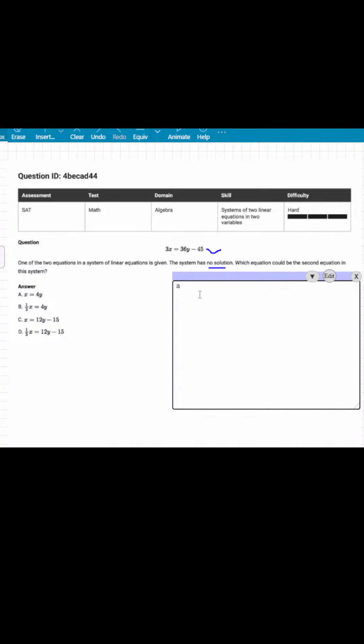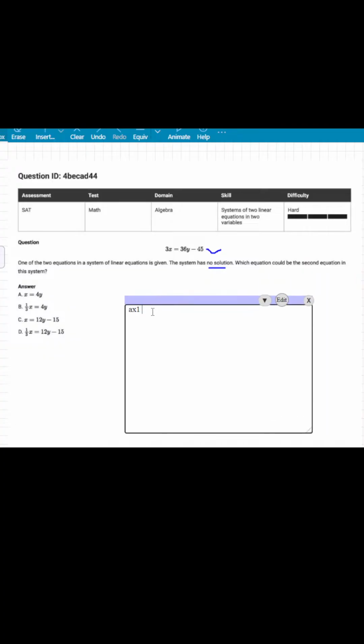So suppose we have a system of linear equations where the first is of the form a1x plus b1y plus c1 equal to 0, and the second equation is of the form a2x plus b2y plus c2 equal to 0.